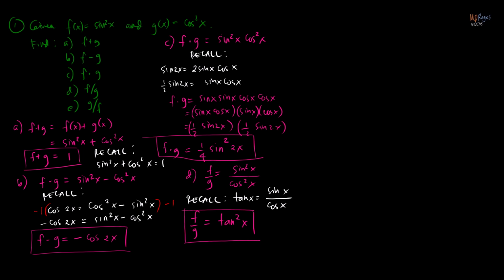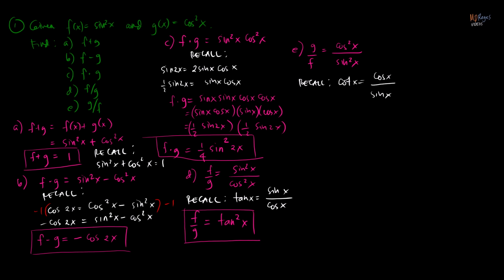And then finally for letter E, which is quite similar to letter D, g over f this time is g of x over f of x, so that's going to give us cosine squared x over sine squared x. Now recalling another quotient identity, cotangent x equals cosine x over sine x.